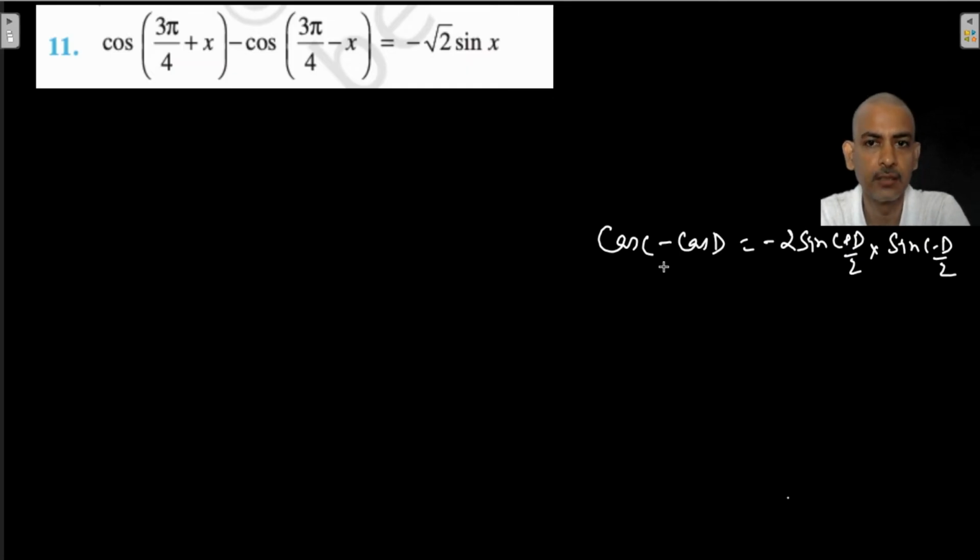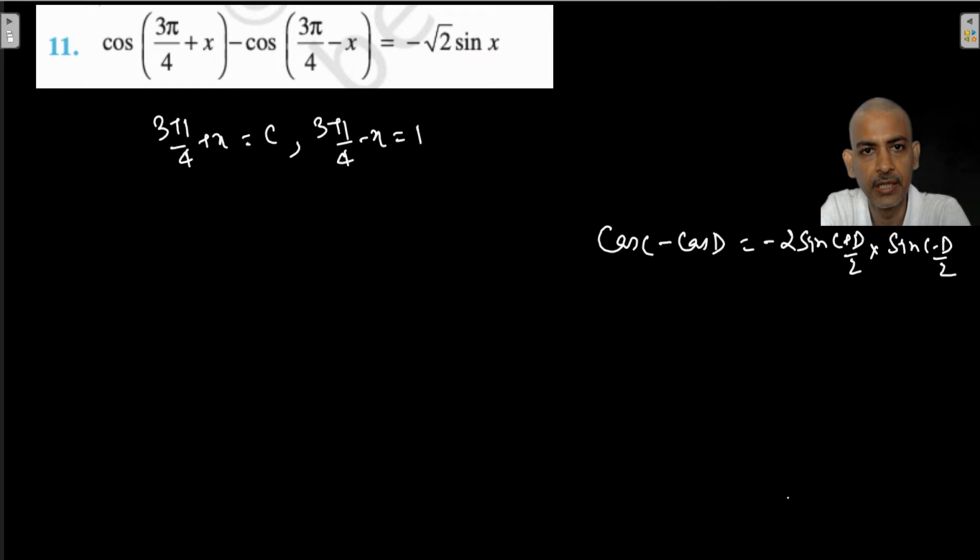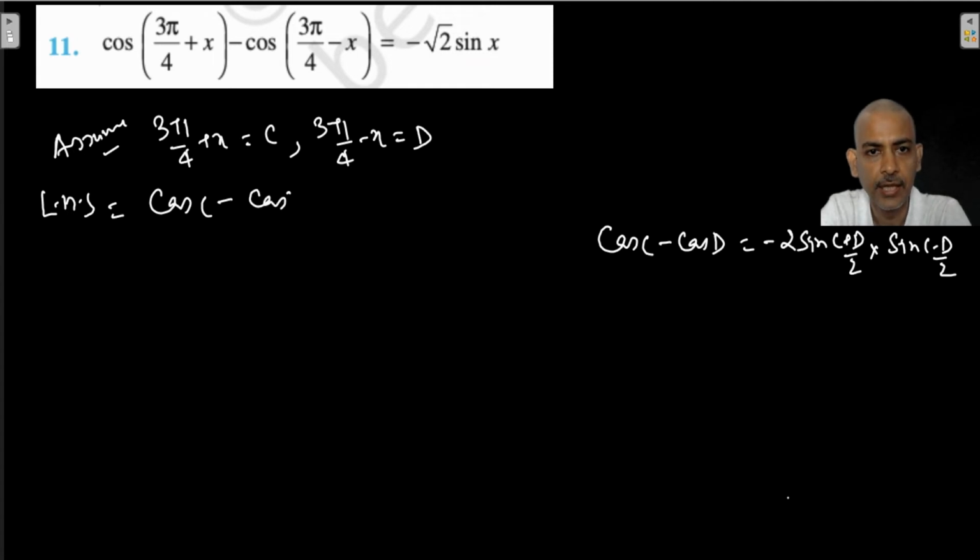I am writing in terms of cos C minus cos D. So if you assume 3 pi by 4 plus x to be C and 3 pi by 4 minus x to be D, your LHS would become cos C minus cos D, and then this will reduce to what? Minus of 2 of sine of C plus D by 2 into sine of C minus D by 2.